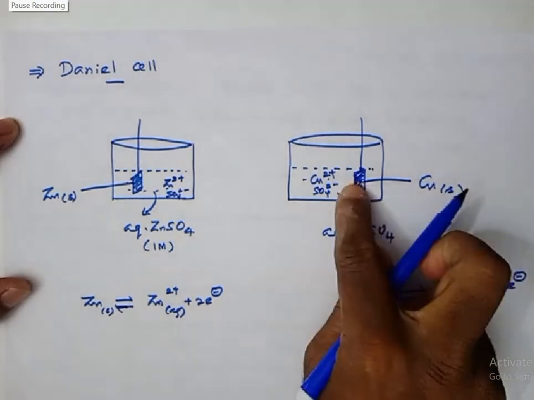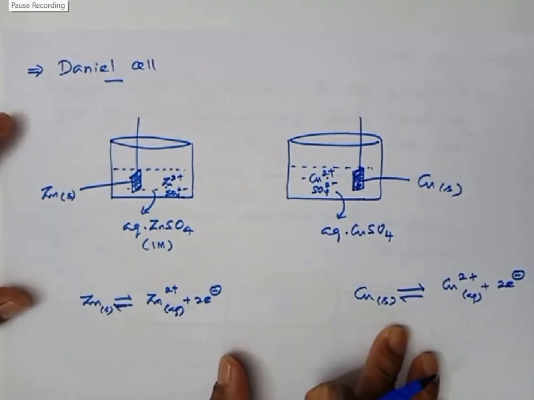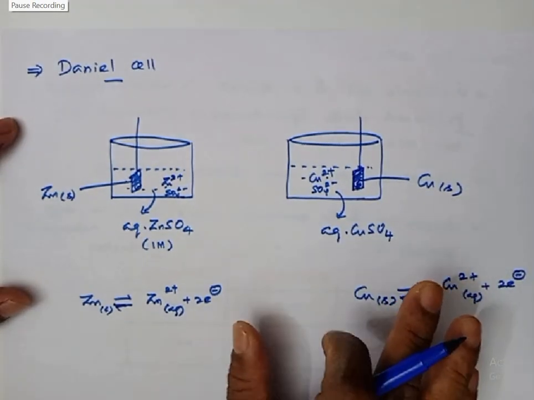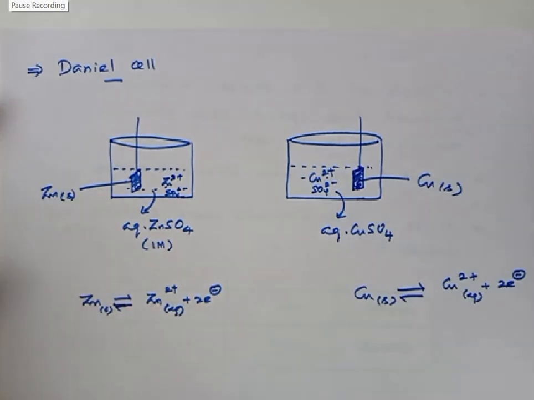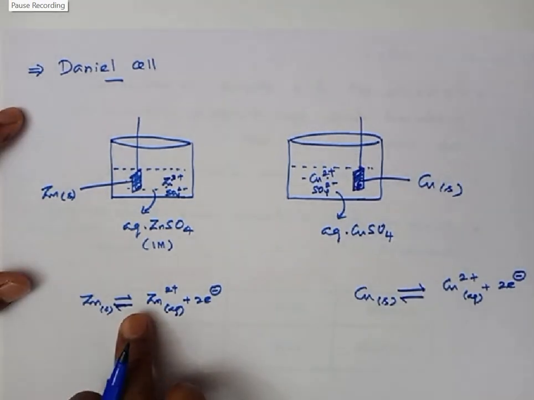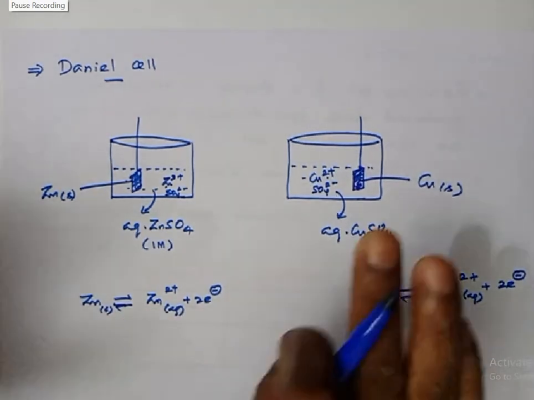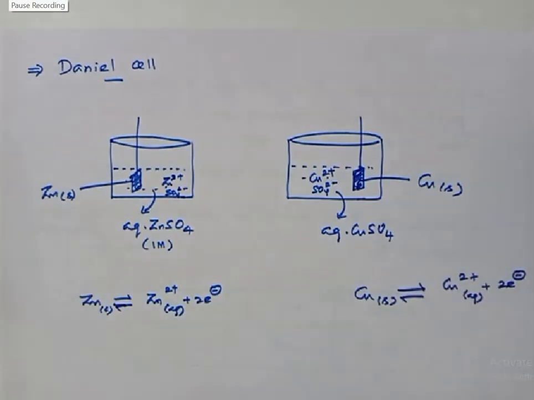Here also a reversible reaction sets up. This happens just by immersing any metal into a solution containing its metal ion. So here you will get an equilibrium, and the reaction remains at equilibrium.